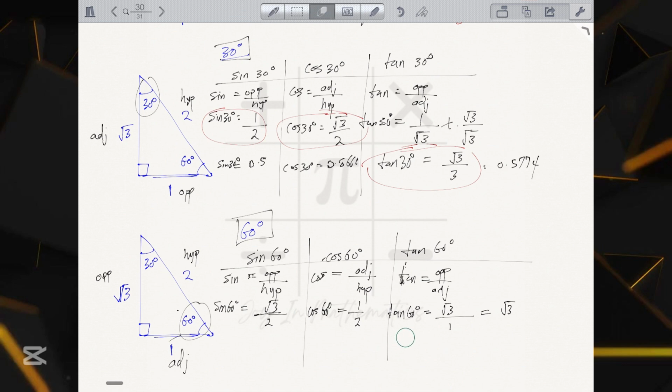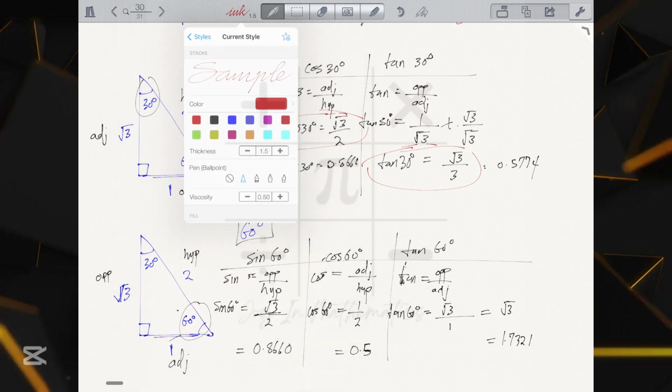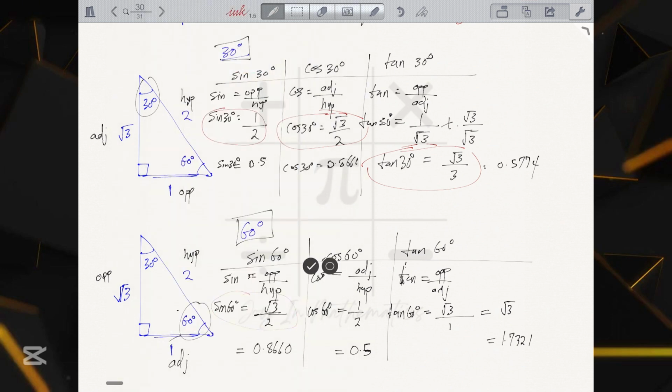Now, the decimal representation of each: sine 60 degrees is equal to 0.8660, cos 60 degrees is equal to 0.5, and tan 60 degrees is equal to root 3. Root 3 in our calculator will give us 1.7321. So now we have arrived at sine 60 degrees, cos 60 degrees, and also tan 60 degrees.